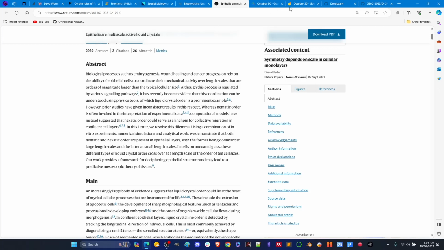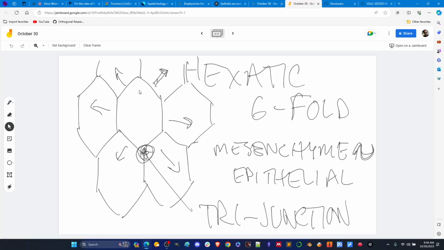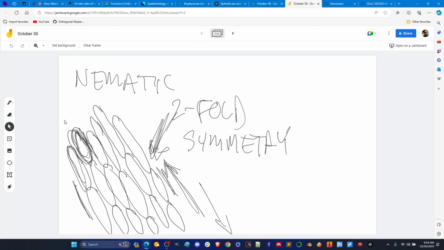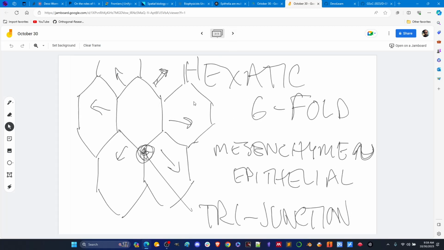So you basically get this hexatic order in a smaller space or a smaller sheet. But in larger sheets or longer range, you get this nematic order, which is just this twofold symmetry. I guess what they mean is that over long spatial scales, this hexatic symmetry breaks down, but it retains a twofold symmetry. I'm not sure what they mean by that.